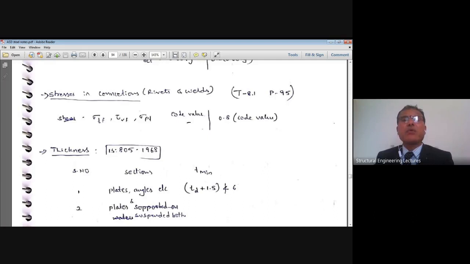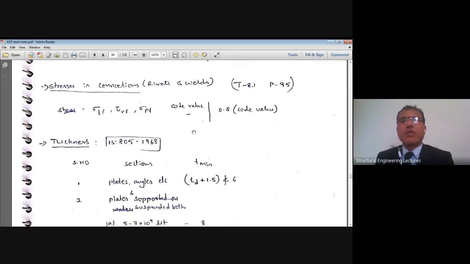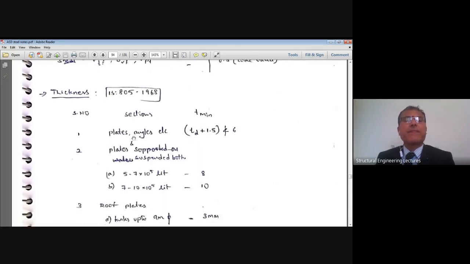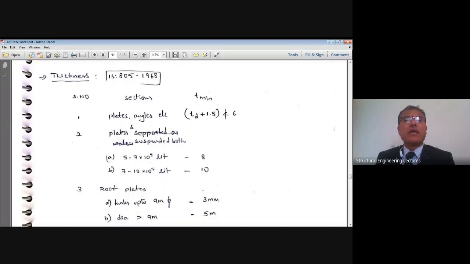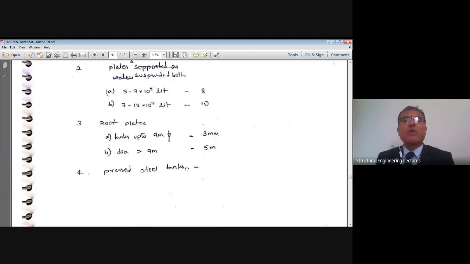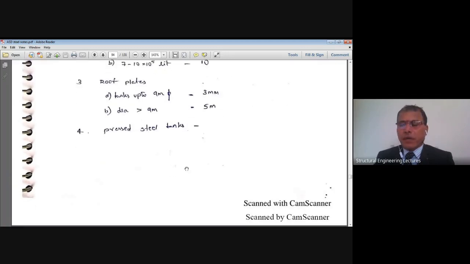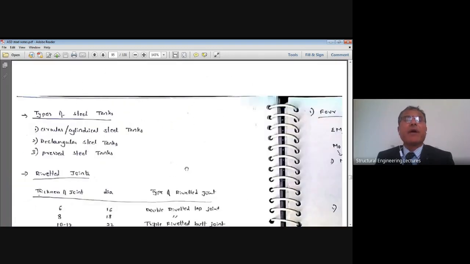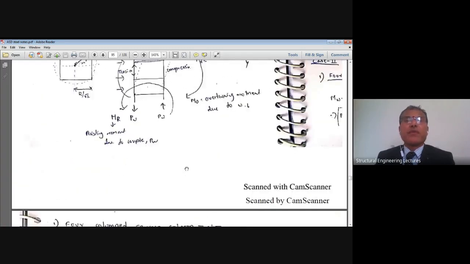Therefore, from that, I'll note down the appropriate value, and if they are inundated in water, I'll multiply those values with 0.8 so that it will reduce by 20%. Now, you have already seen from IS 805 that for 5 to 7 lakh the thickness should be 8 mm, and for 7 to 10 lakhs the thickness should be 10 mm, and the roof plates should be 5 mm.